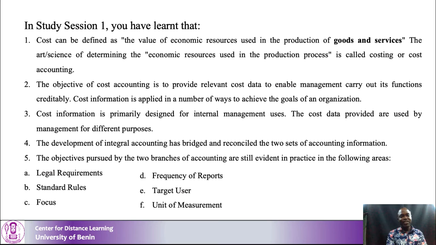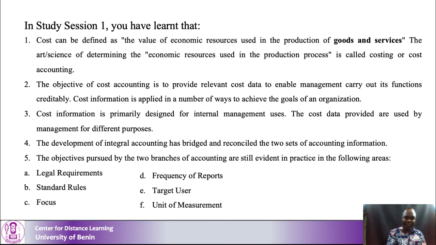In section 1, you have learned that cost can be defined as the value of economic resources used in the production of goods and services. The art and science of determining these resources that are used in production of goods and services is called costing or cost accounting.